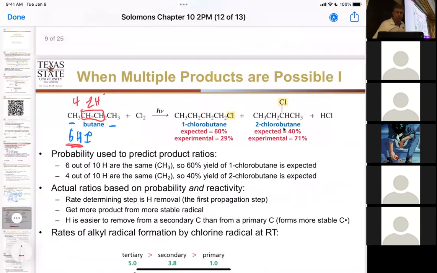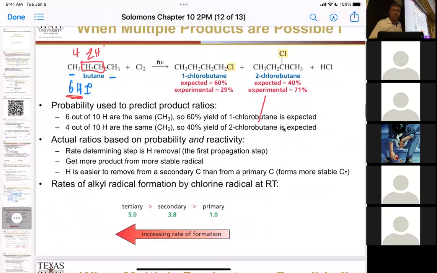As it turns out, by measuring the reaction, we found out that in chlorination, a primary reacts the slowest. For every 1 primary that reacts, 3.8 of the secondaries are going to react. And the tertiary is going to be even faster, 5 to 1. This is what we call a reactivity ratio for chlorination.